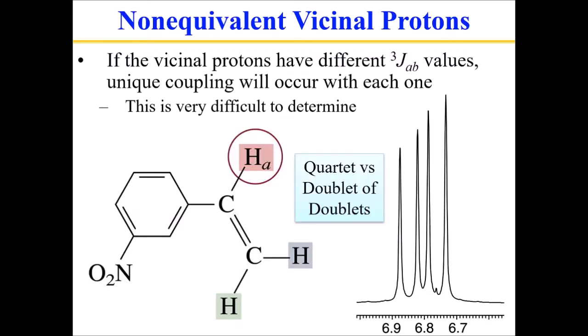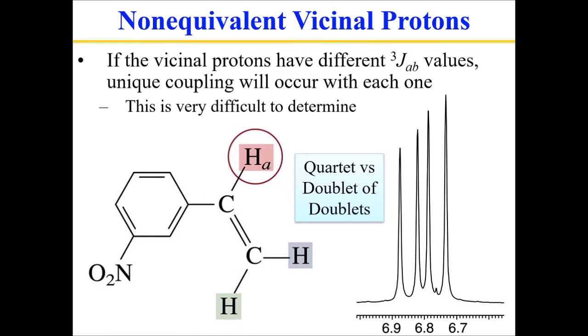This now leads us to the problem that we experience when we have diastereotopic hydrogens. This particular compound right here has a number of hydrogens on the ring system. We don't care about them right now. What instead we care about is the nature of this hydrogen right here. If we look, there are 2 hydrogens that are 3 bonds away.